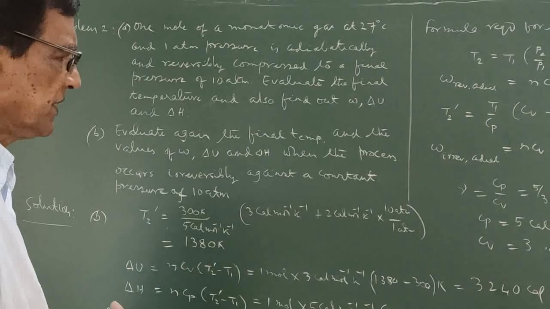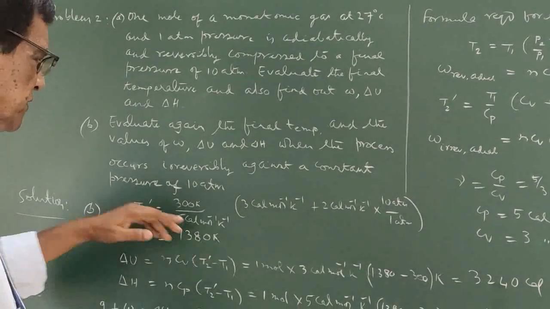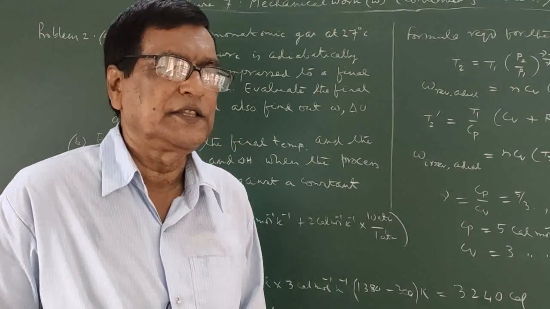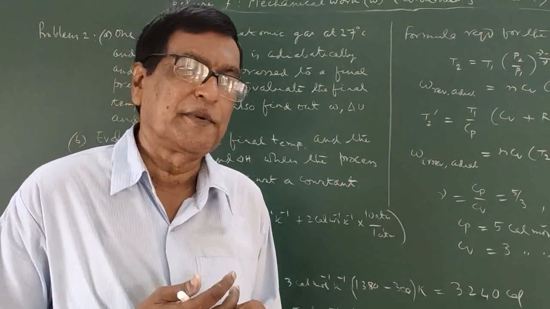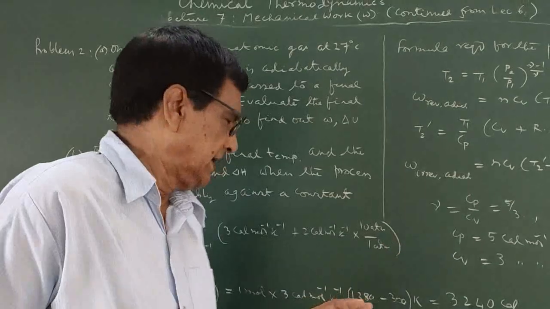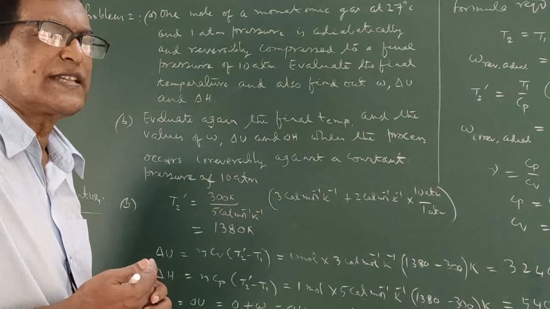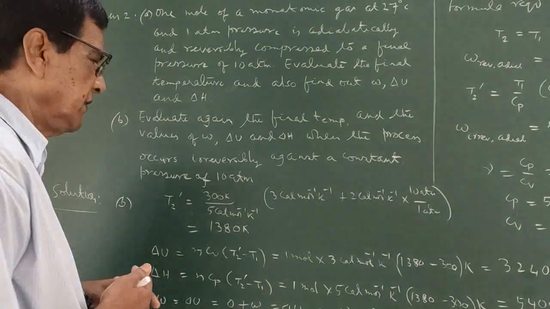It is to be noted that the final temperature T2 dash is much greater than the final temperature in the reversible process, almost double. In that case it was 750 Kelvin, here 1380 Kelvin.